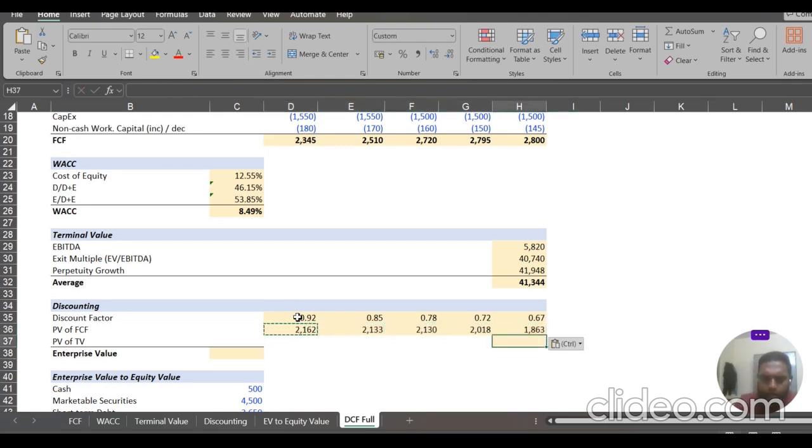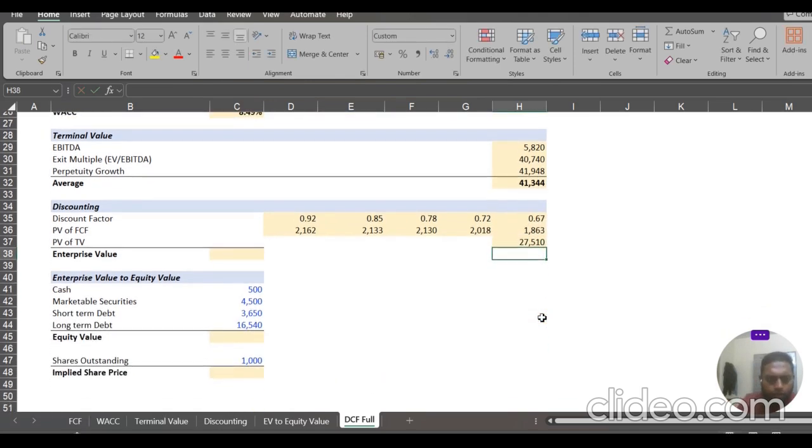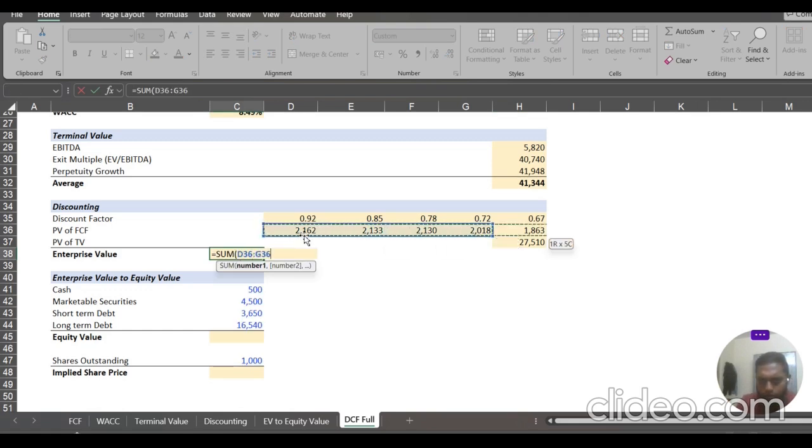Present value of terminal value is equal to the average terminal value into the discounting factor. Enterprise value is equal to the sum of the whole.